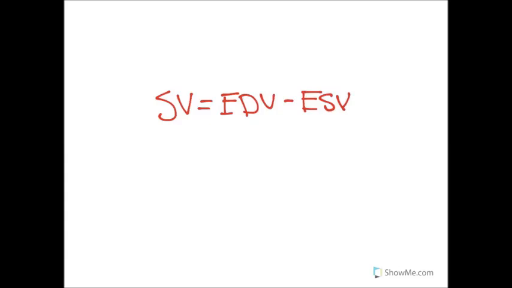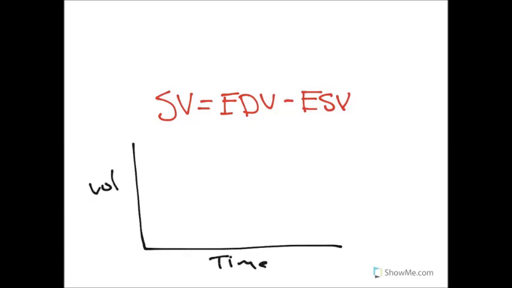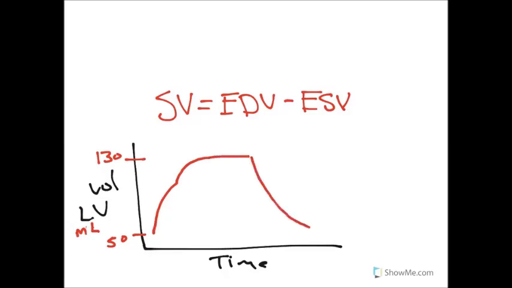Right? And if we were to take this and do a graph of that, what you would notice is over time, in the volume of the left ventricle, you would begin to see that there were two values, 130 and 50 milliliters. And if blood, for example, starts to fill up the heart here, and then blood would leave, right?